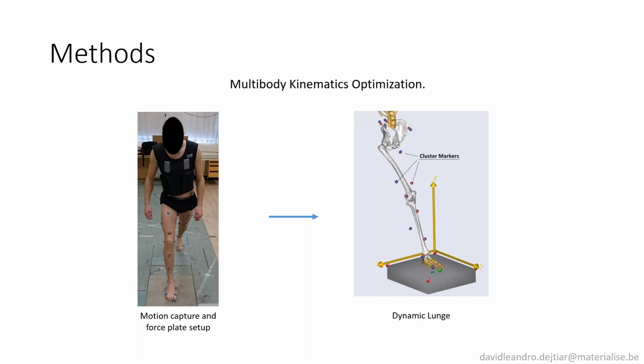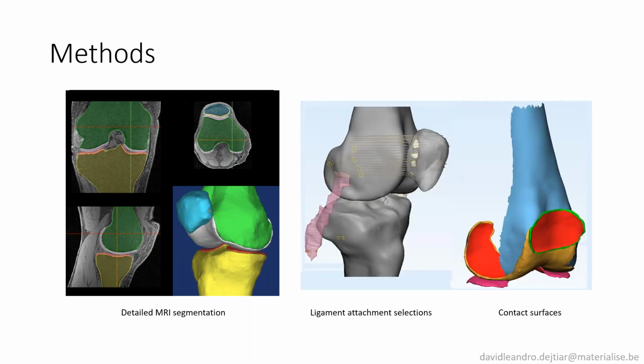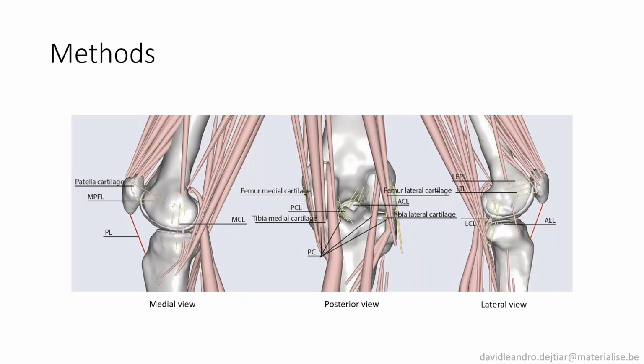To include this detail of representation of the knee joint, we needed to segment the detailed magnetic resonance images, from which we could extract the ligament attachment points together with the contact surfaces, which correspond to the cartilage surface. If we include all this in our model, meaning ligaments, muscles, and contact surfaces, we end up with our definitive model, as pictured here.